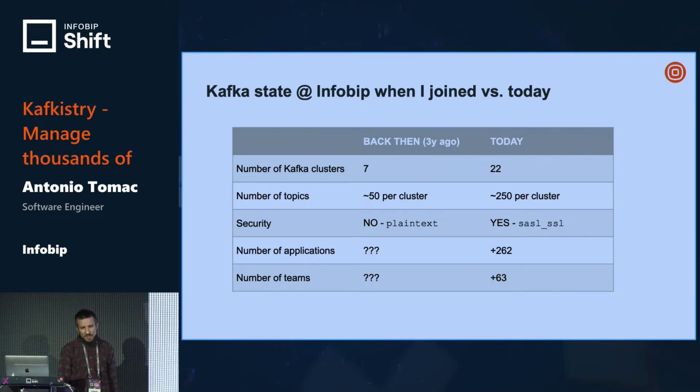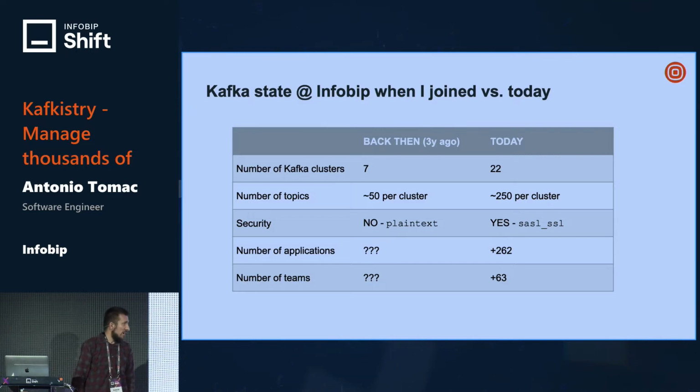Just for starters, to show some numbers, back then when I joined the company, we had only 7 Kafka clusters. Now we have 22 and more about to come. On average, we had only 50 topics per Kafka cluster. Now we have on average more than 250. We didn't have proper security, now we do.